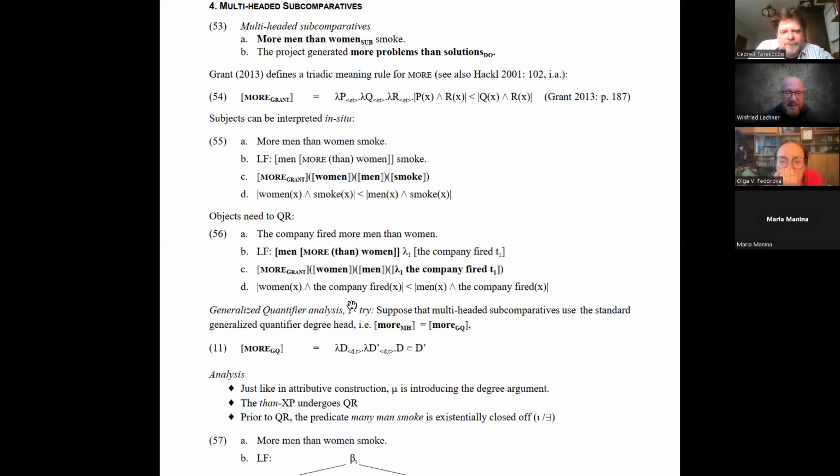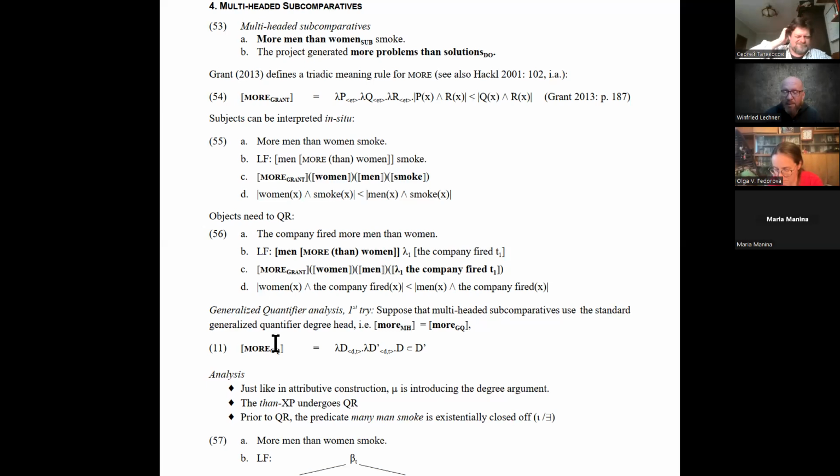So the question is, can we reduce 54 to the classical generalized degree quantifier analysis of "more"?